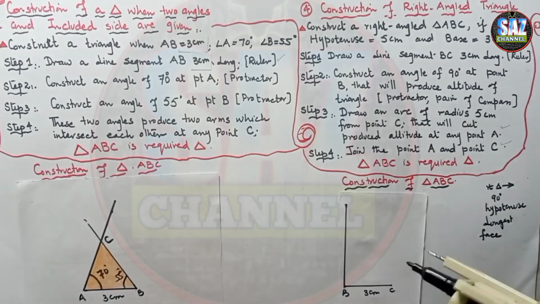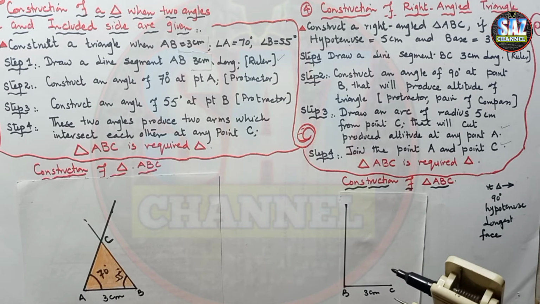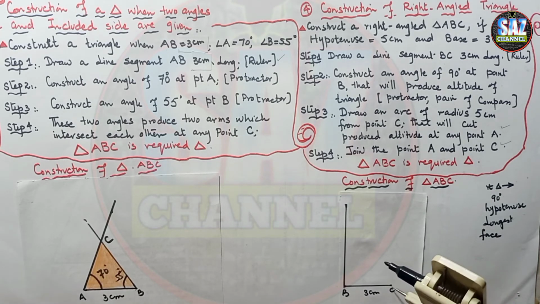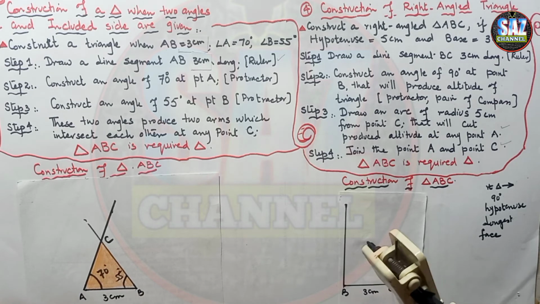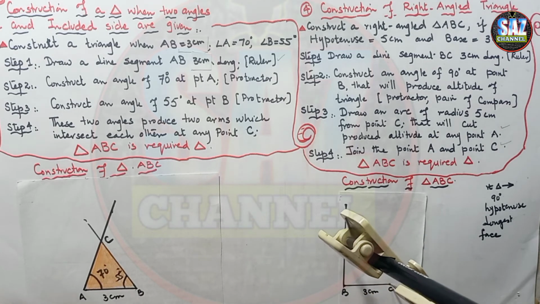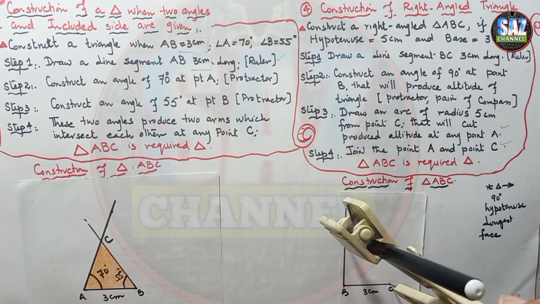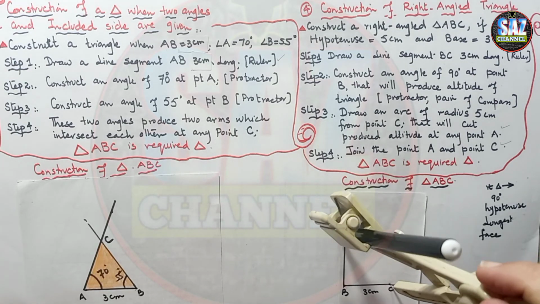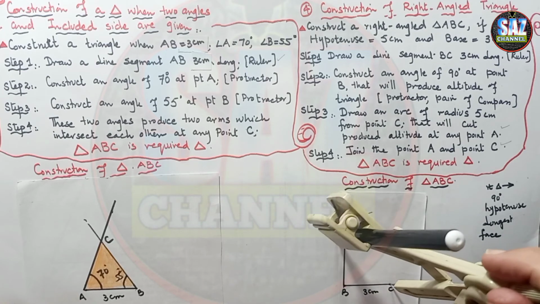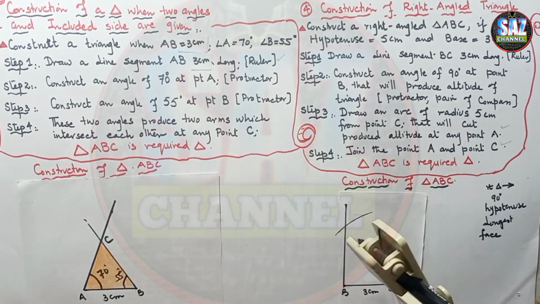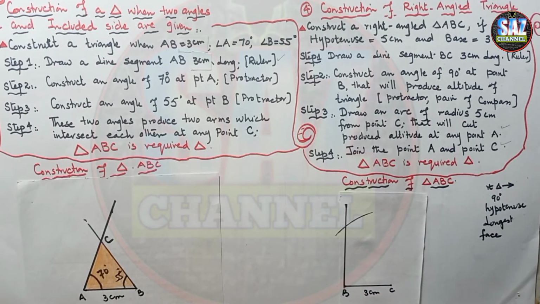And now we keep the needle on vertex C, and we draw the arc which will meet the altitude drawn from vertex B at some point. As we need to construct the triangle ABC, two vertices are with us.